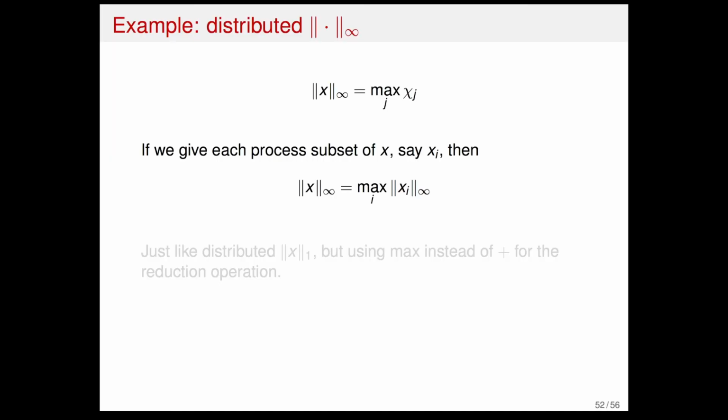When two processes exchange their scalar, which is their current maximum value, each process then stores the maximum between those two different values. This is just like the distributed one norm, but again, we use the maximum binary function as opposed to summation.